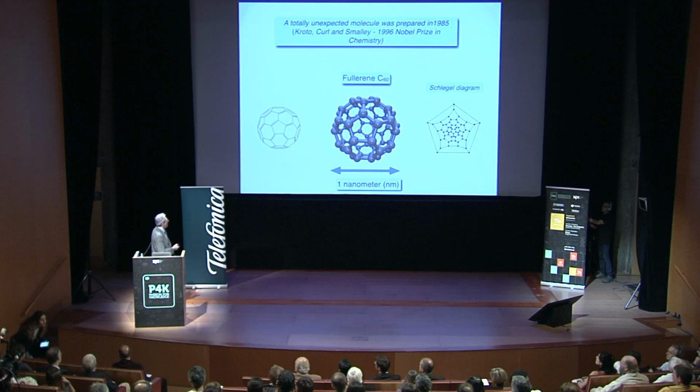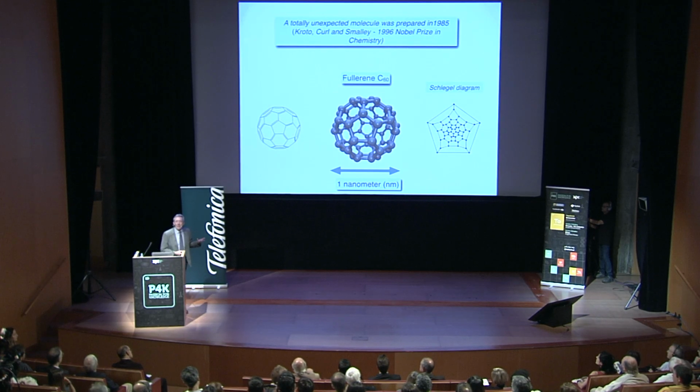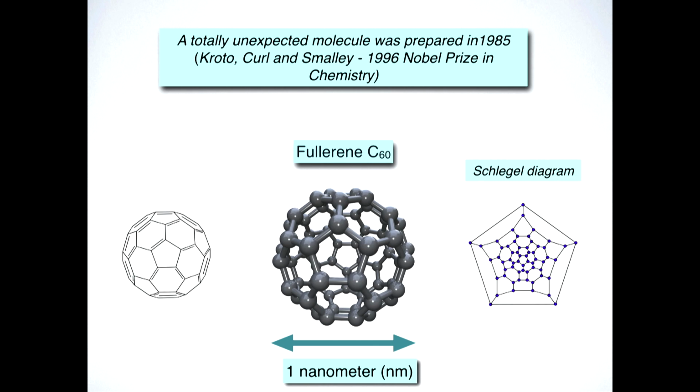And so they did some nice experiments, but they couldn't find the molecule they were looking for. But instead, they made this molecule. It's a soccer ball. It's a nano soccer ball, C60. You have 60 carbon atoms arranged exactly as the 60 vertices of a soccer ball.